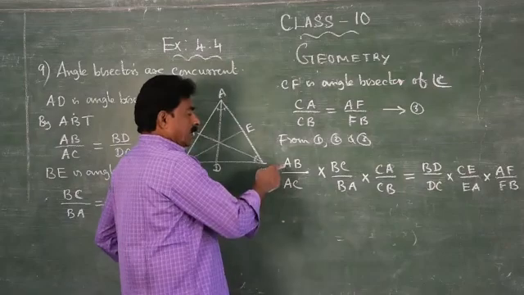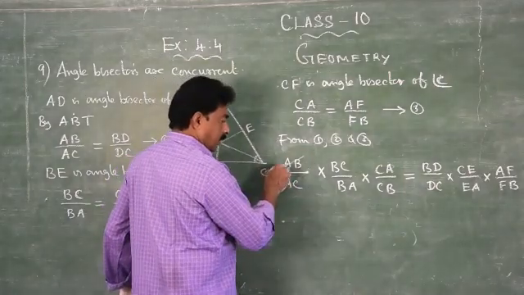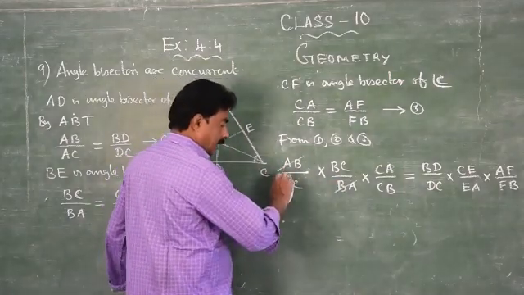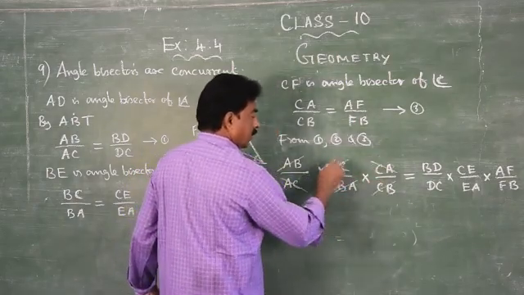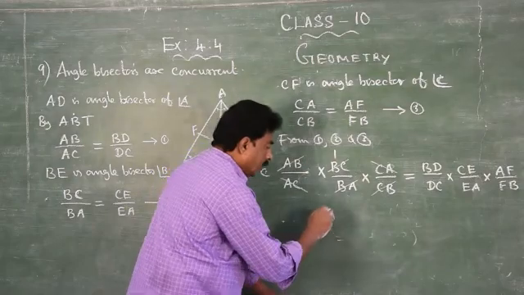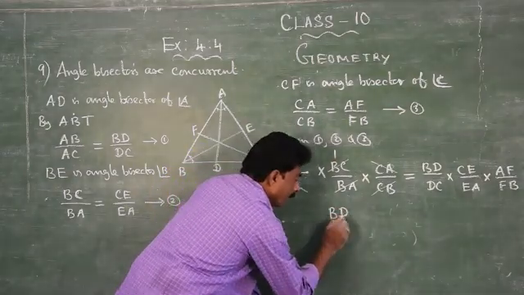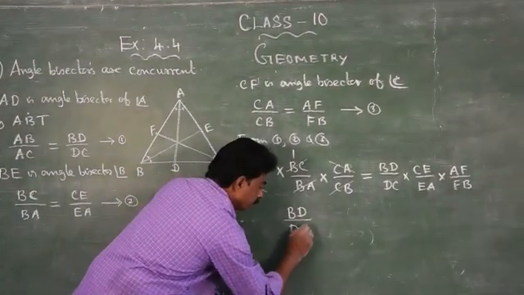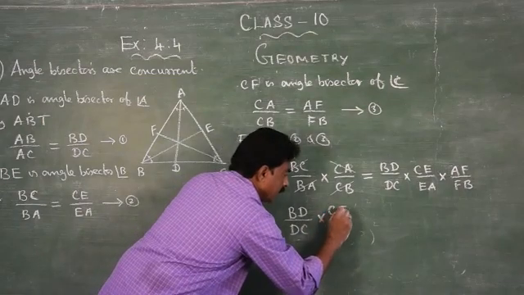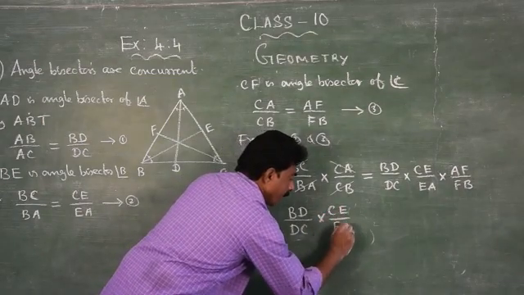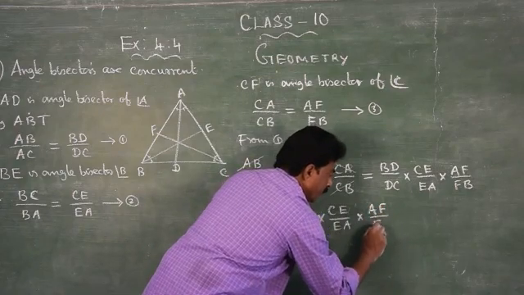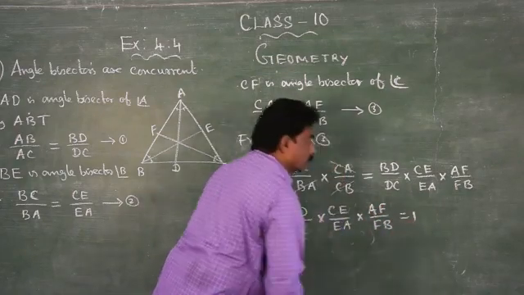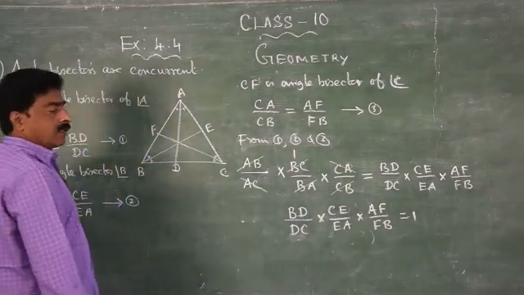Here if you look, AB, AB, we can cancel. AC, AC, BC, BC. So when you cancel everything, you will get 1. So what you are getting? BD by DC into CE by EA into AF by FB is equal to 1. This is Ceva's theorem.